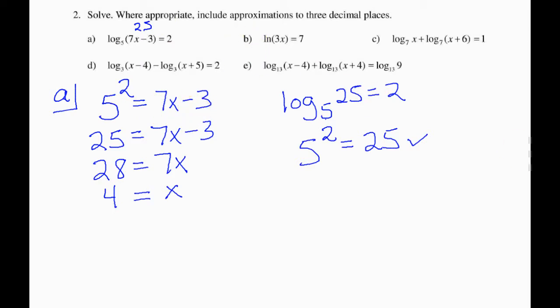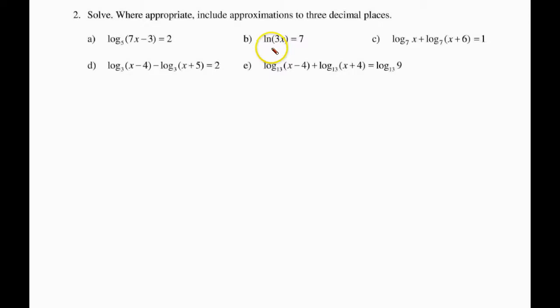All right, we're going to do the same thing for letter B. Now remember, our base here, this is a natural log. So it's natural log base e of 3x equals 7.